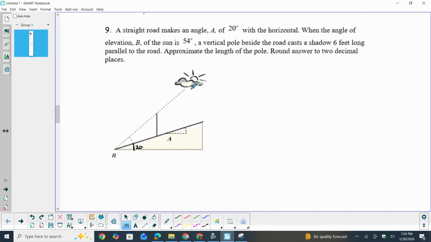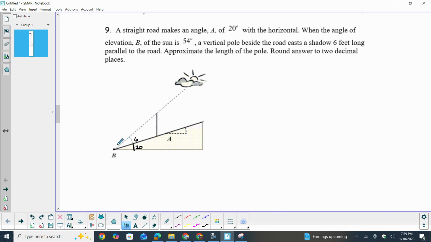Shadow's not going to go uphill if the sun's over here. The shadow's going to be on this side. So I'm going to call this whole entire length the shadow, where that is the tip of the shadow. It doesn't matter. We can call that the tip of the shadow, but this would be a 20-degree angle and so on. I might as well use what we have drawn right here. There's the length of the shadow.